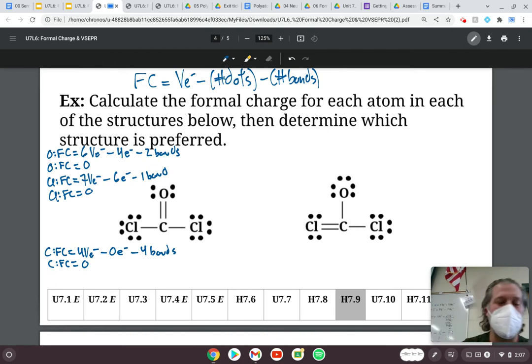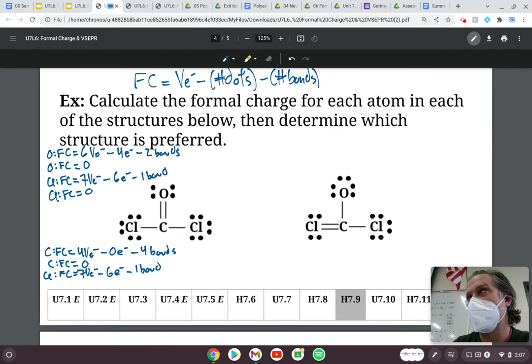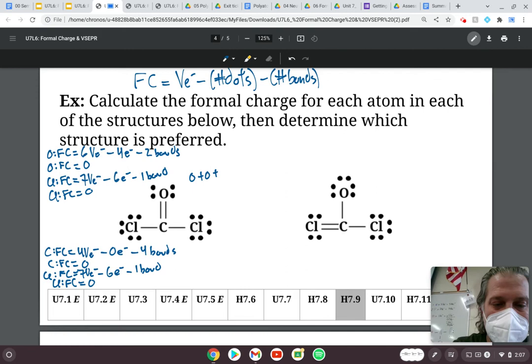And lastly, the right-hand chlorine has 7 valence electrons, minus 6 dots, so 6 electrons, minus 1 bond. 7 minus 6 is 1, minus 1 is 0, so chlorine's formal charge is 0. So for this molecule, I have 0 plus 0 plus 0 plus 0 equals 0, and that's going to become important in a minute.